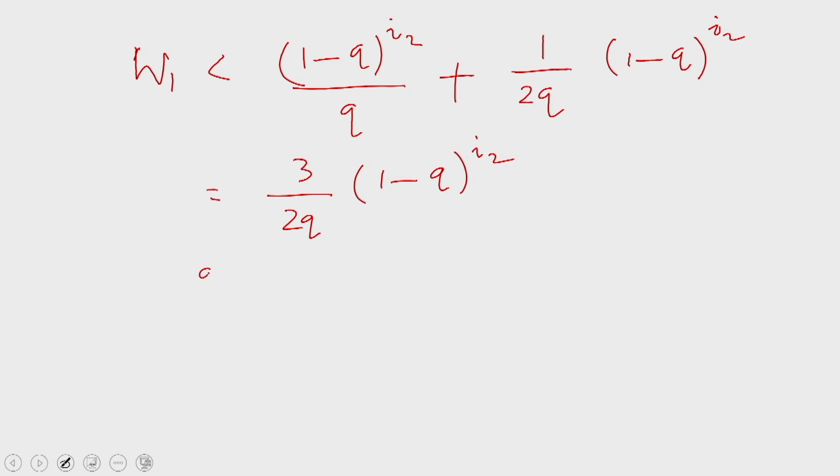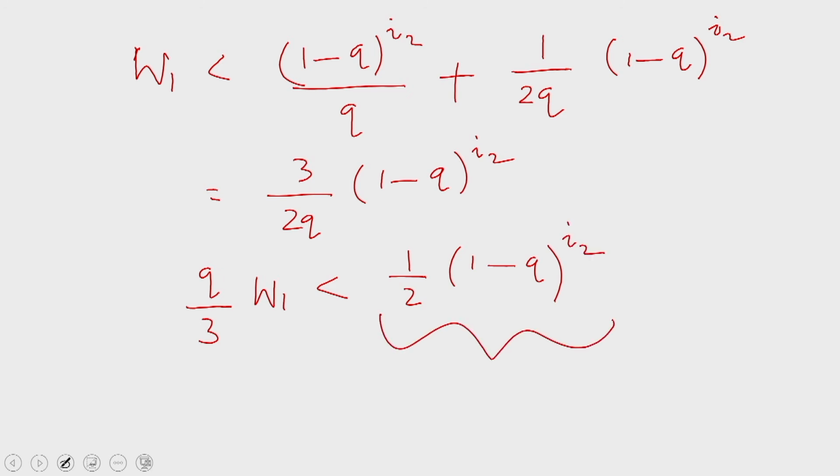which means, rearranging, we find that q by 3 times W1 is less than half times (1 minus q power I2). This is the weight of the subject that is being removed. This is the weight of the heaviest subject.